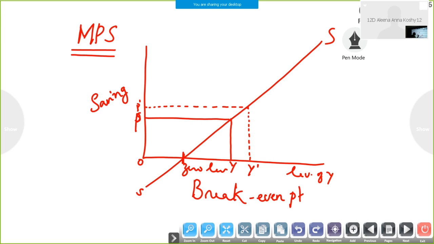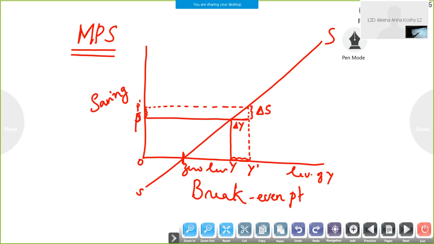Here Y dash level of income is additional income, and P dash shows additional saving. This additional income we can mention as delta Y. Clear? This is the additional level of income, this is delta Y. This is the additional level of saving, that I am using as delta S. I think you understood.